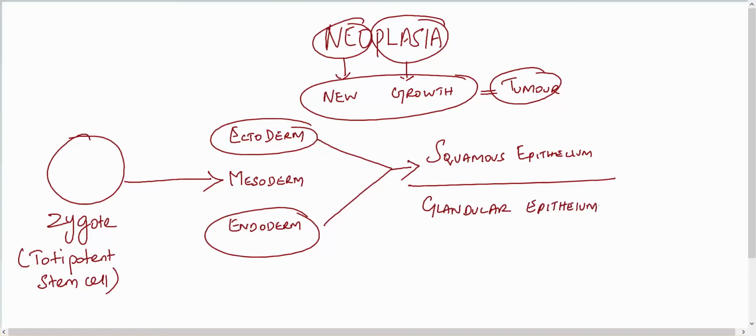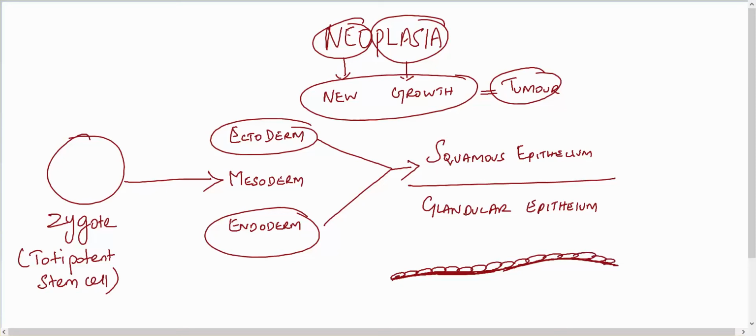Let's take an example of skin. You all know the skin has a basement membrane. Just above the basement membrane the basal cells are arranged, and that is called the basal layer.